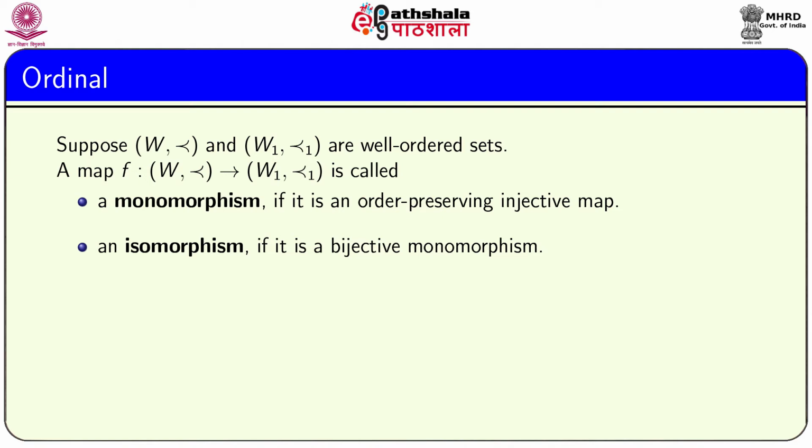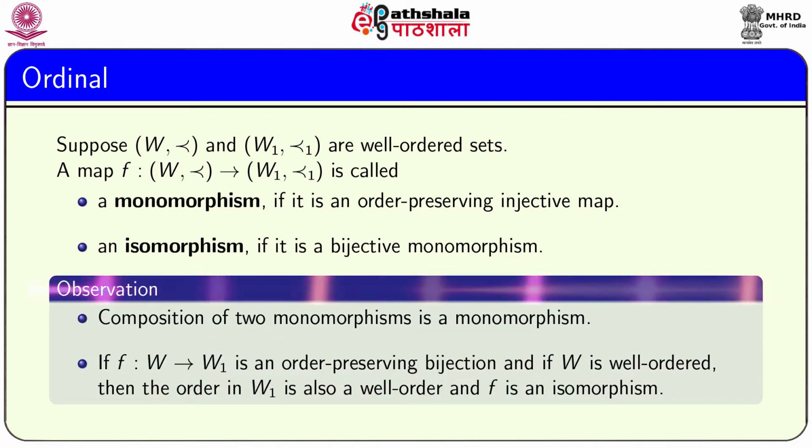It is an isomorphism if it is a bijective monomorphism, and it can be observed very easily that the composition of two monomorphisms is a monomorphism. If F from W to W1 is an order preserving bijection and if W is well ordered, then the order in W1 is also a well order and F is an isomorphism.